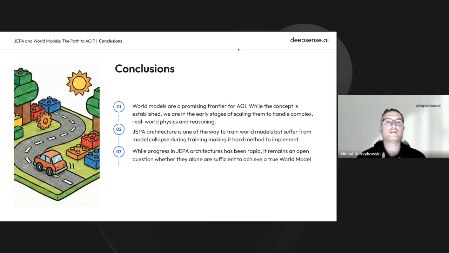JEPA is one of the approaches to this, but suffers from model collapse, and that makes it hard to train. While the progress in JEPA has been rapid, it's still an open question whether this approach really leads to a true world model.